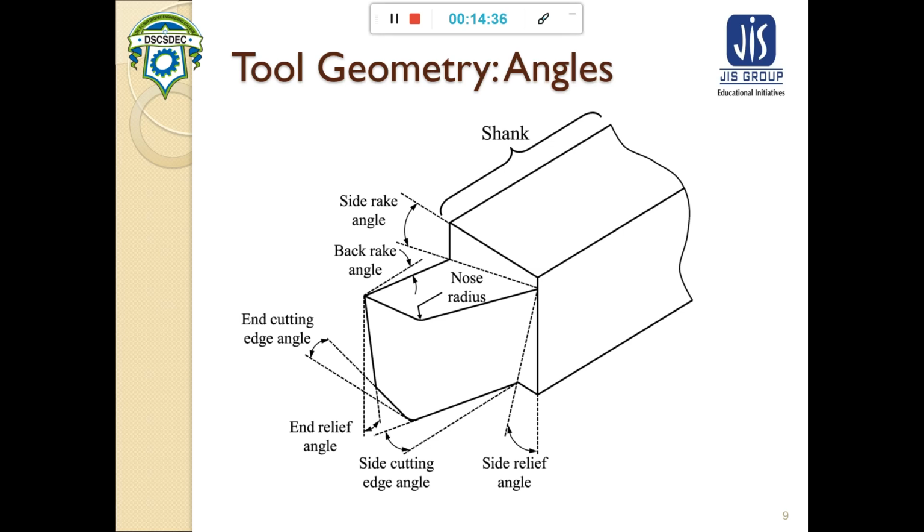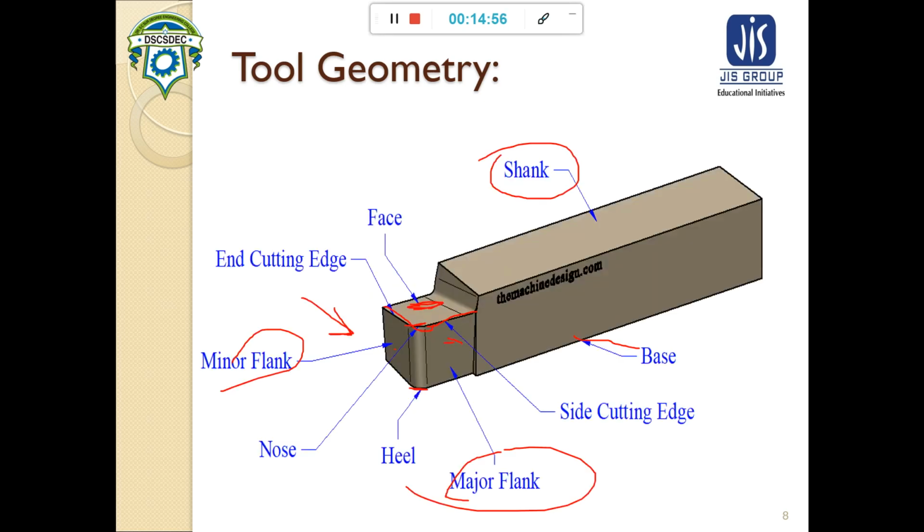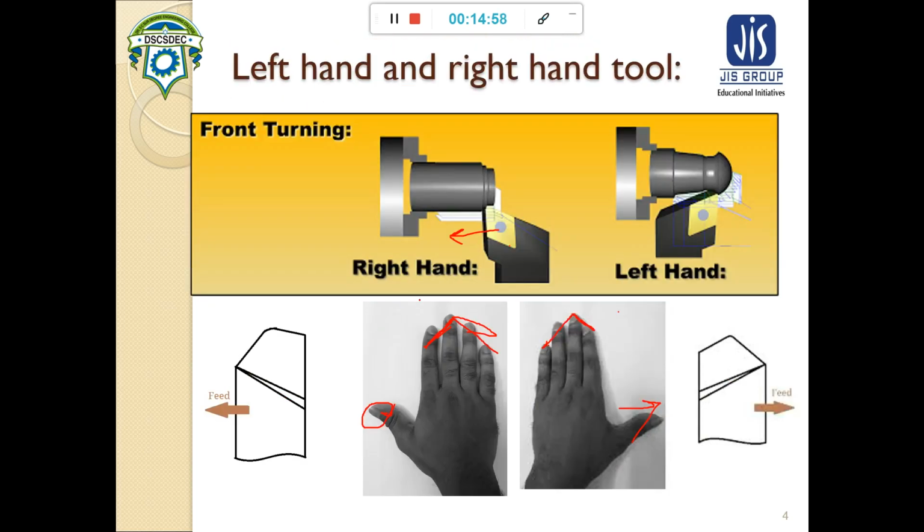And there are two types of cutting edge angle: first one is end cutting edge angle, second one is side cutting edge angle. These mainly depend on the principal and secondary cutting edge. So what is the principal cutting edge? In case of this left hand cutting, this edge is the principal cutting edge.